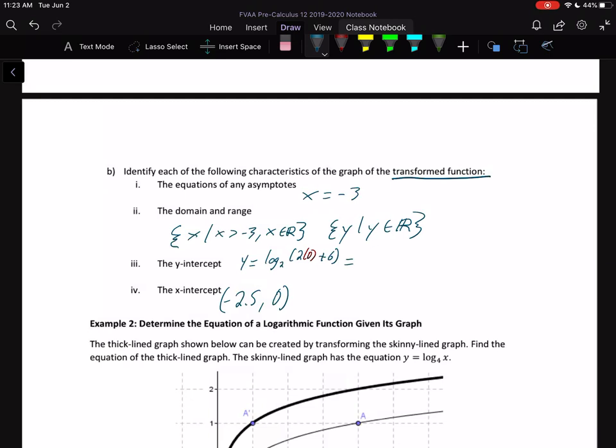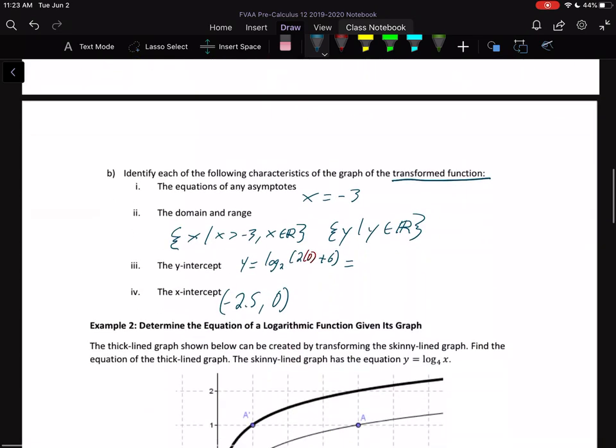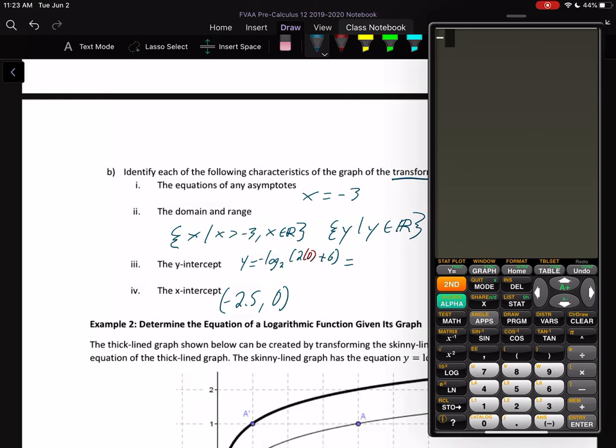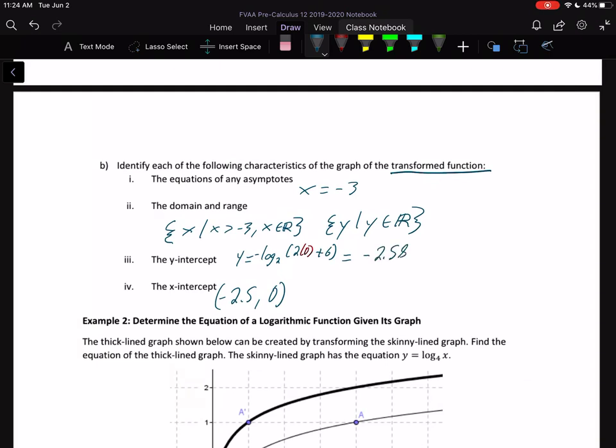Whatever y is equal to, that's my y-intercept. So I'm just plugging in the x value into my equation. Oh, sorry, this is negative log. All right, so I plug this into my calculator. Negative log base 2 of 2 times 0 plus 6 is 2 to the 6... I get negative 2.58. So the point of my y-intercept would be 0, negative 2.58. Okay? So those would be your solutions there for the x and y intercept.